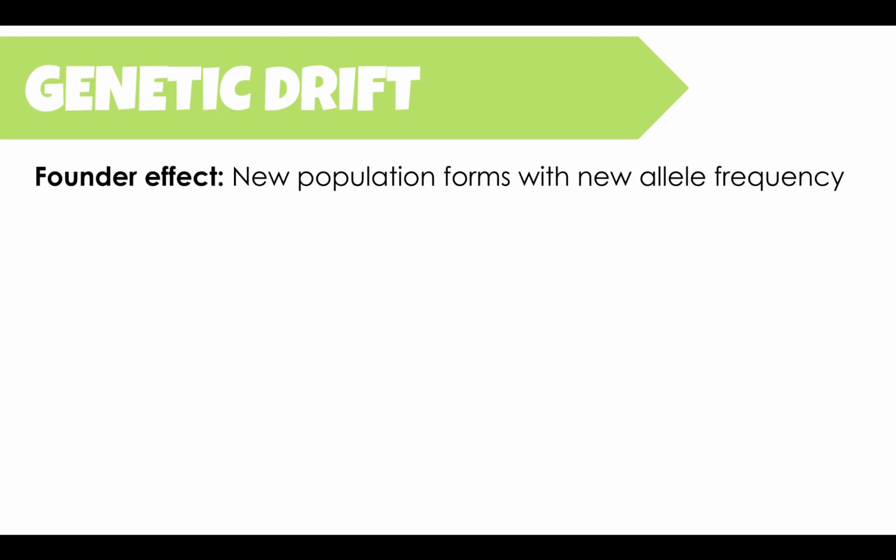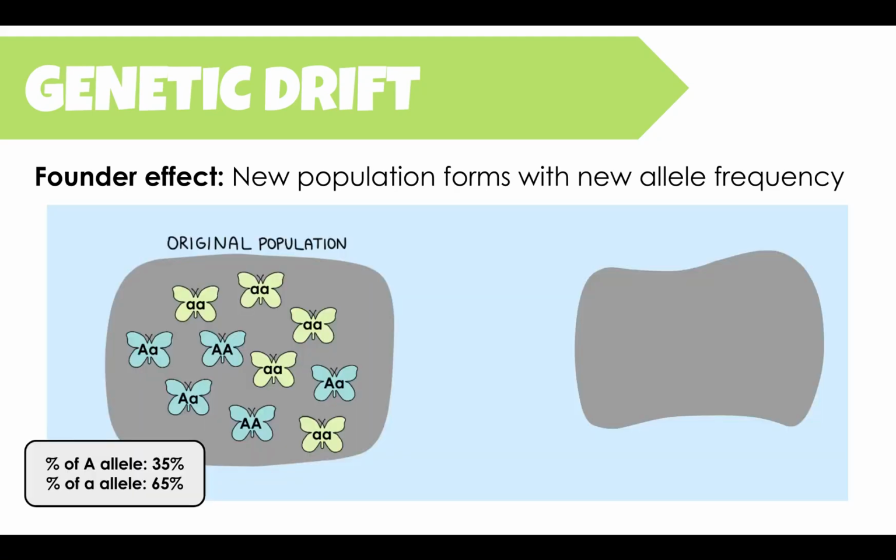Then also genetic drift, so still on the idea of a random event. The founder effect is when we get an entirely new population forming. So if I have my original population here on this little island, we have blue butterflies and green butterflies, again with that starting allele frequency of 35% dominant, 65% recessive alleles.